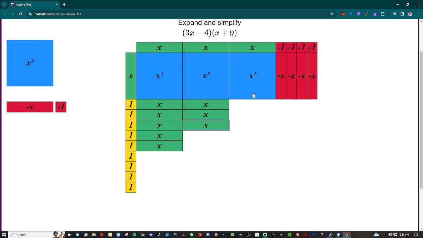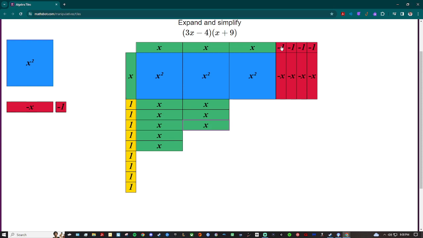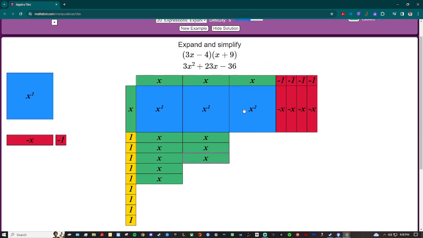We would have 3x squared. And in our last column, we'd be multiplying -1 times -1 a bunch of times. And our final answer would be 3x squared plus 23x minus 36.